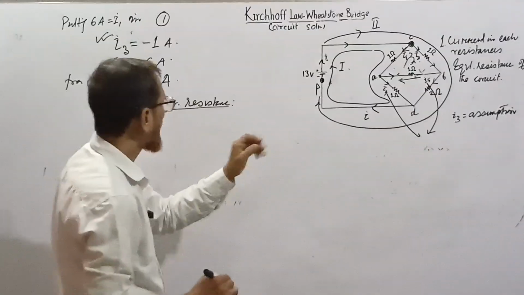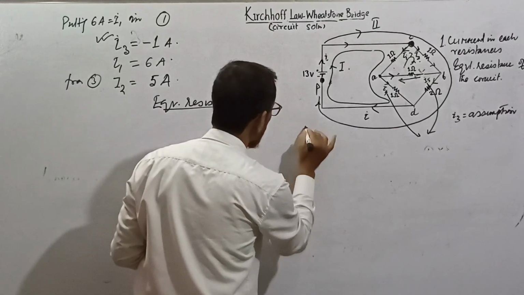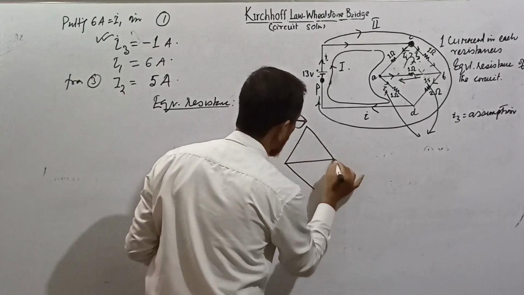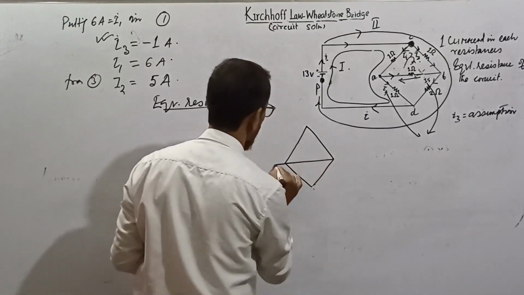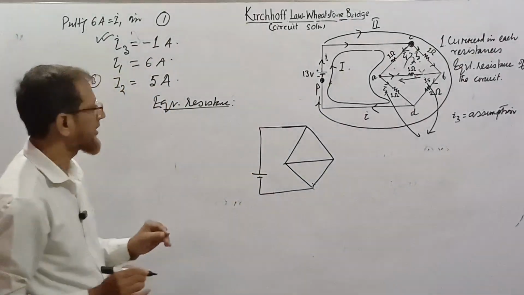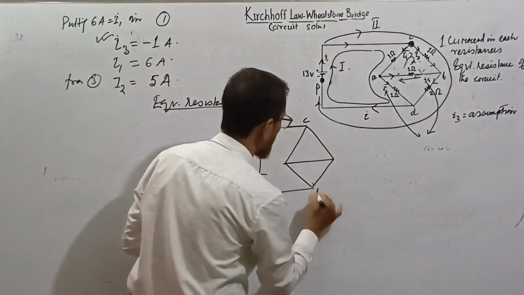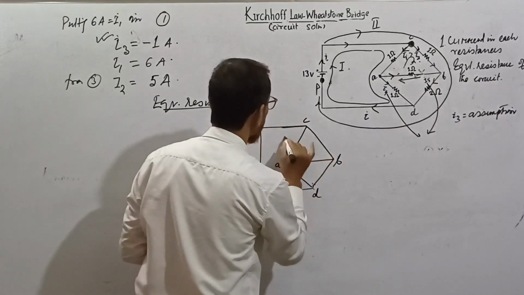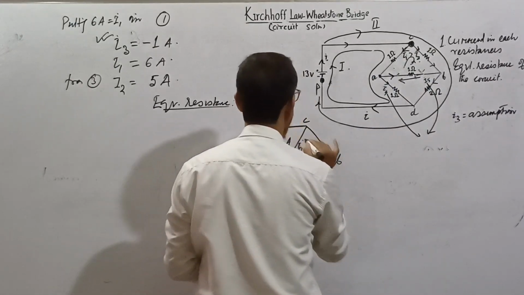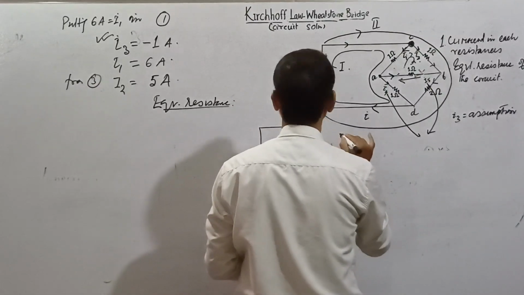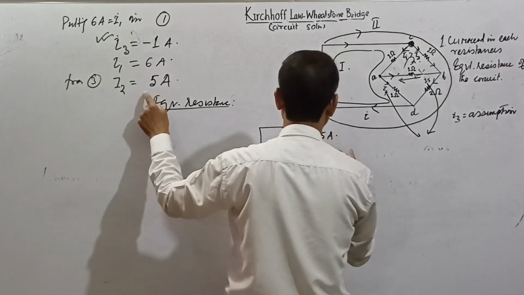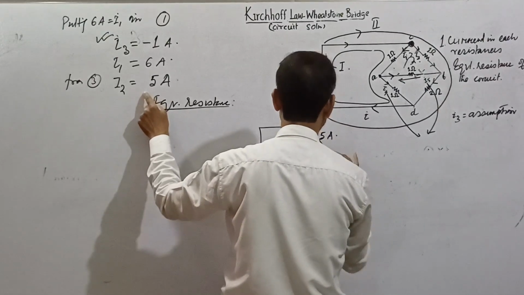So in a very simple way, if I draw without showing the resistances, in a very simplified manner, this is C and this is D, this is A and this is B, and this is 6 ampere, that was I1, and this is I2, 5 ampere.